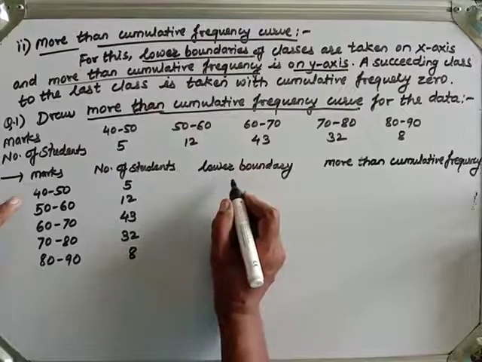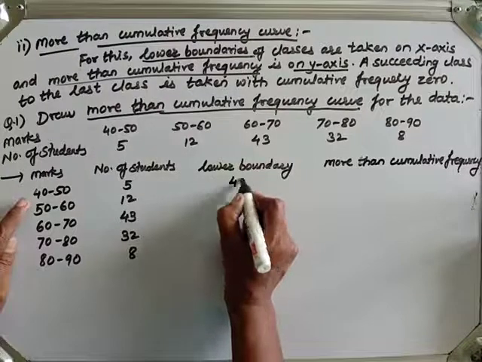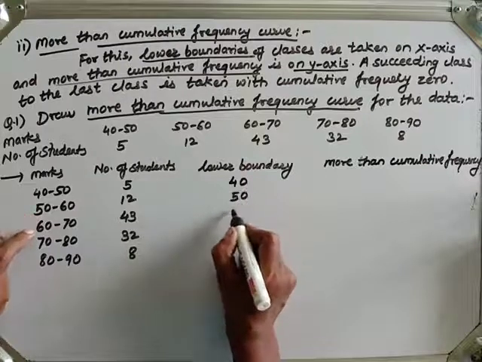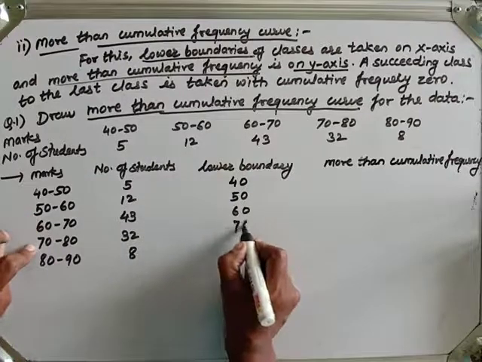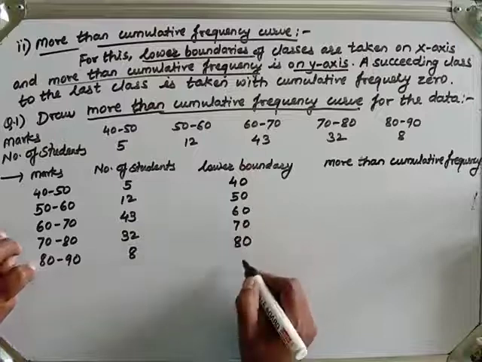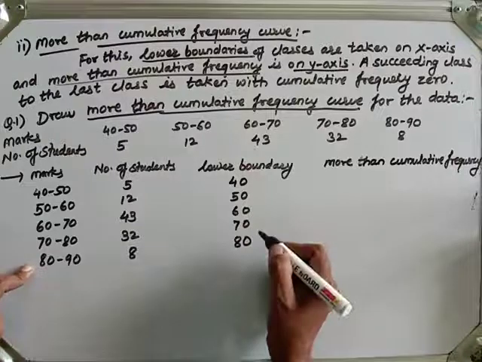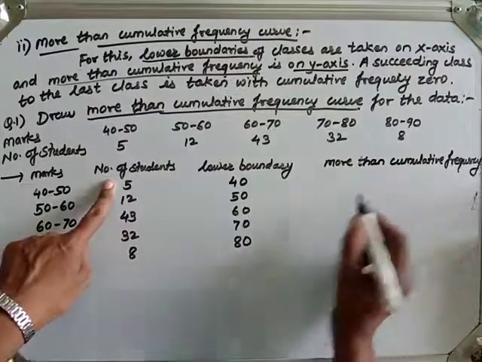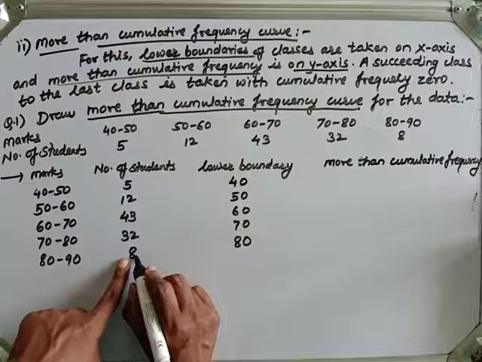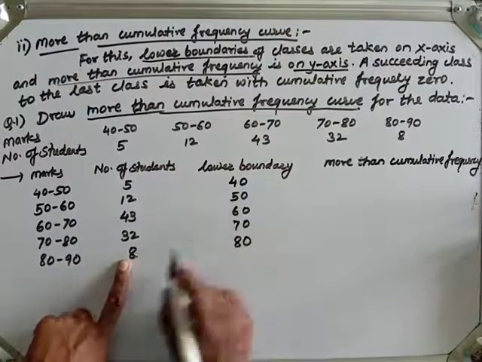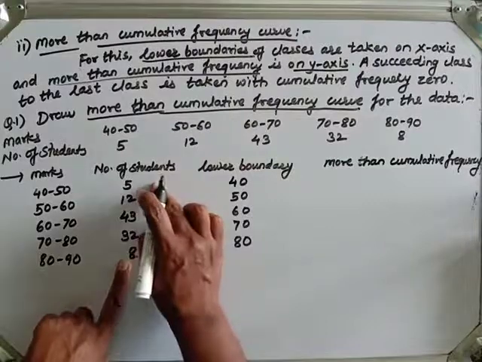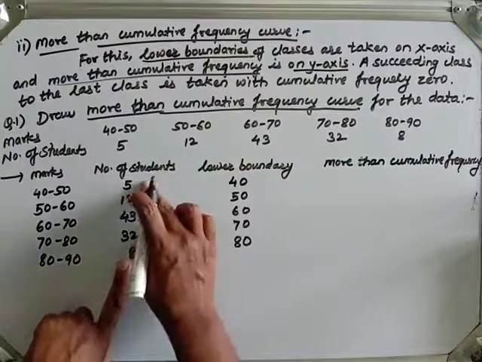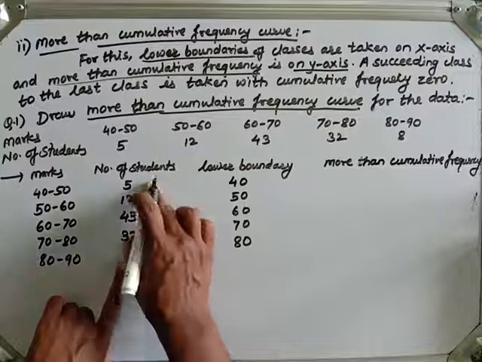Now lower boundaries of these classes are 40, 50, 60, 70 and 80. Lower boundaries are same as lower limits. Now more than cumulative frequencies are calculated from highest class to lowest class. It is a cumulative sum of frequencies from highest class to lowest class.